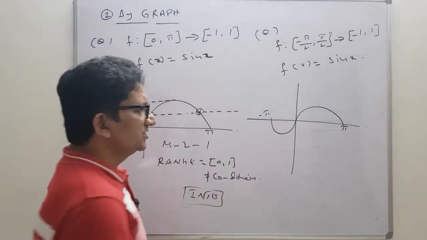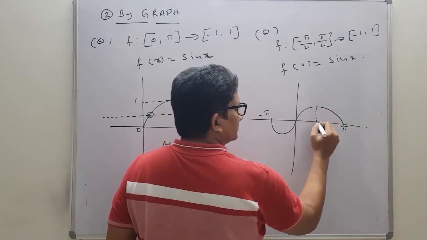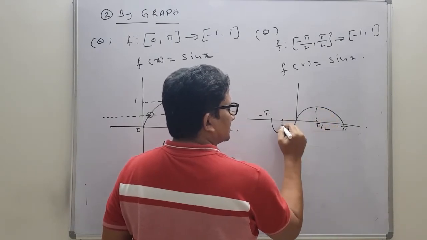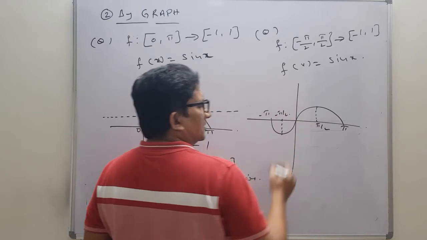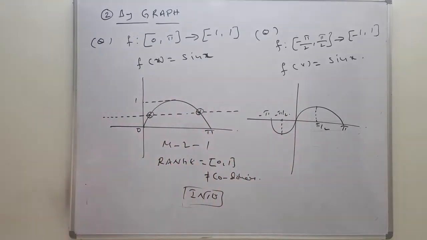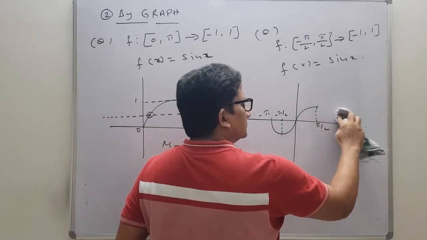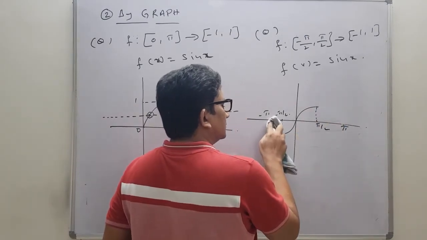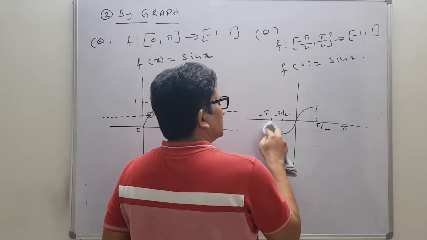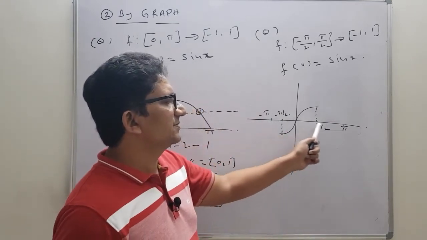Now the question asks only up to pi by 2 to minus pi by 2. That means the remaining portion we don't want, so we don't want this portion. We want only in between minus pi by 2 and pi by 2.